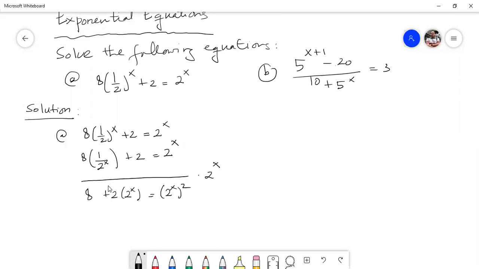Then look at this. To make the calculation easy, I prefer to change this.